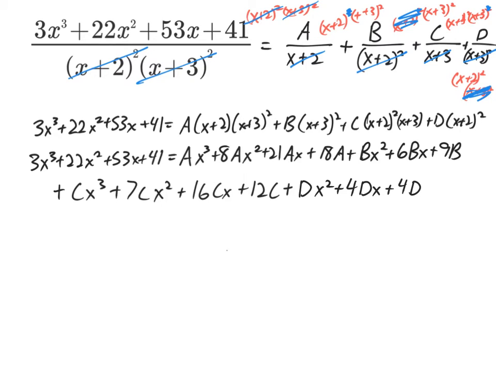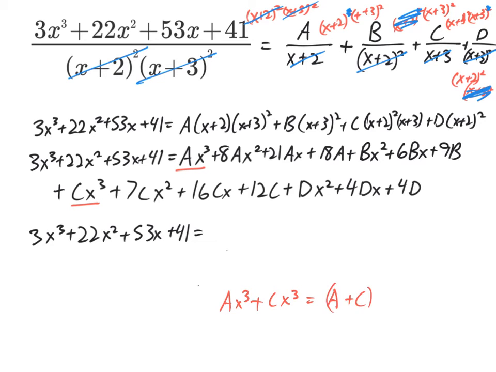Now what we're going to do is put all like terms together. So I'm going to put all my x cubes together. So that's going to be this one and this one. If I put it together, you're going to end up with 3x cubed plus 22x squared plus 53x plus 41 equals Ax cubed plus Cx cubed, and then I'm going to factor out the x cubed.